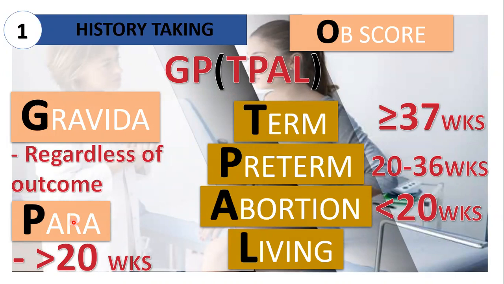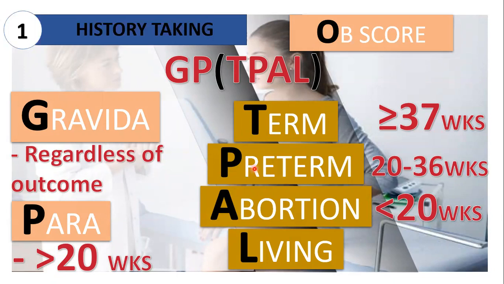This is the number of pregnancies that has reached the age of viability, and age of viability is at greater than 20 weeks. Okay. Next is T for term. This is the number of full term births, which is equivalent to greater than or equal to 37 weeks.